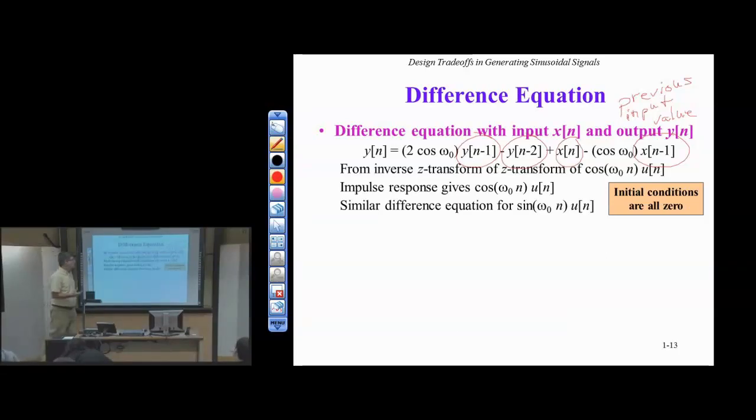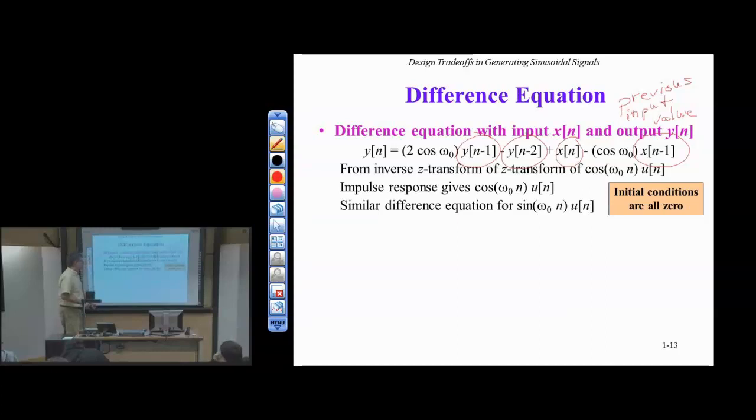And I can do this in double precision float, single precision float, and integer arithmetic. So I can do this in 16-bit integer. There's some scaling I have to be careful about, but I can do this in 16-bit integer, 32-bit integer. I can do it in floating point. A lot of flexibility in the data type and arithmetic I use with the difference equation. It's under your control as the implementer.